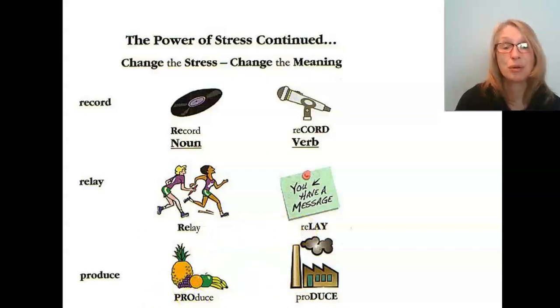Produce, produce, produce, produce. So we'll say these again twice each, and then we'll move on. Record, record, record, record. Relay, relay, relay, relay. Produce, produce, produce, produce. Great.